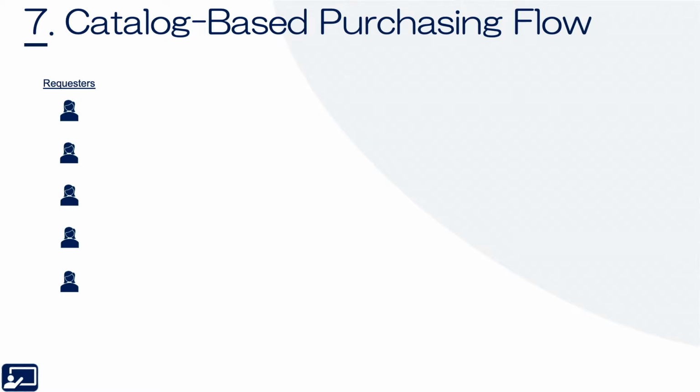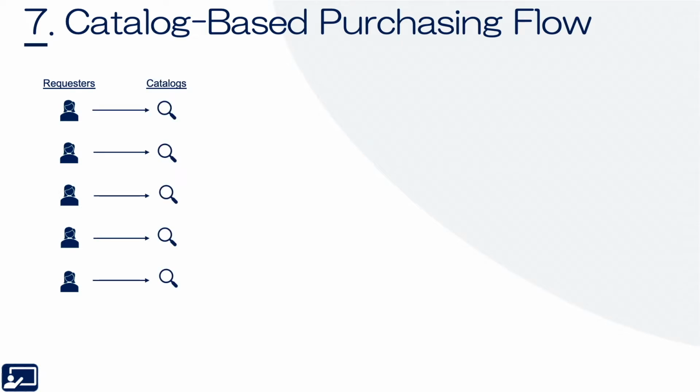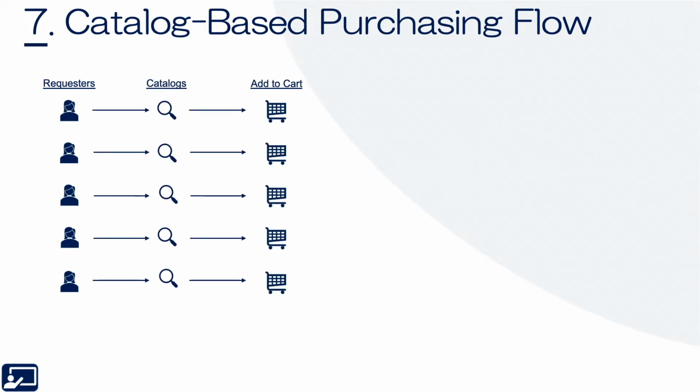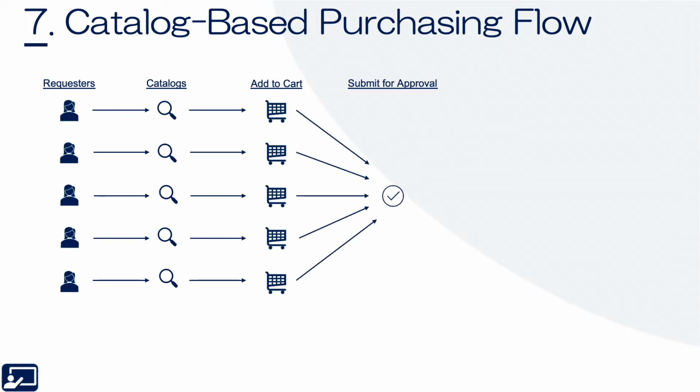Now let's take a look at the catalog-based purchasing flow. So I have a series of different requesters, 5 in this case. They may search through catalogs, they may add to their own individual carts, but then they submit those carts for approval. In this little example, they all come to the same person or role for approval.